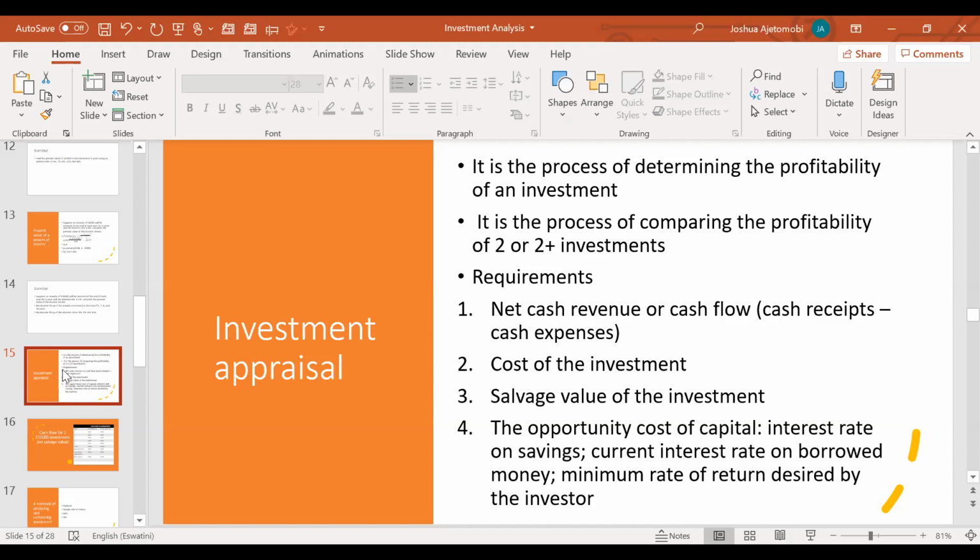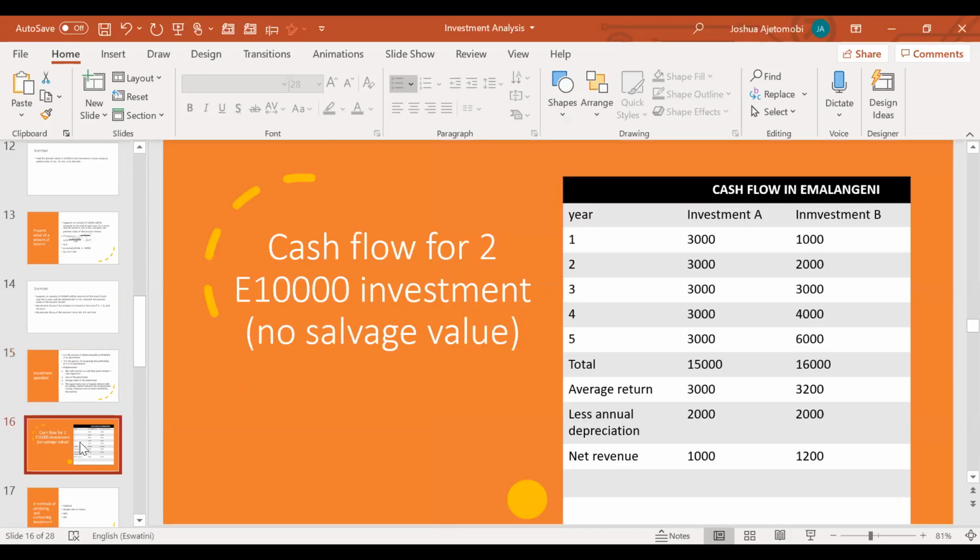Then you need the opportunity cost of capital, which could be the interest rate on savings, or the current interest rate on borrowed money, or the minimum rate of return desired by the investor. So let's look at a typical example. Here we have 2 types of investments, investment A and investment B.